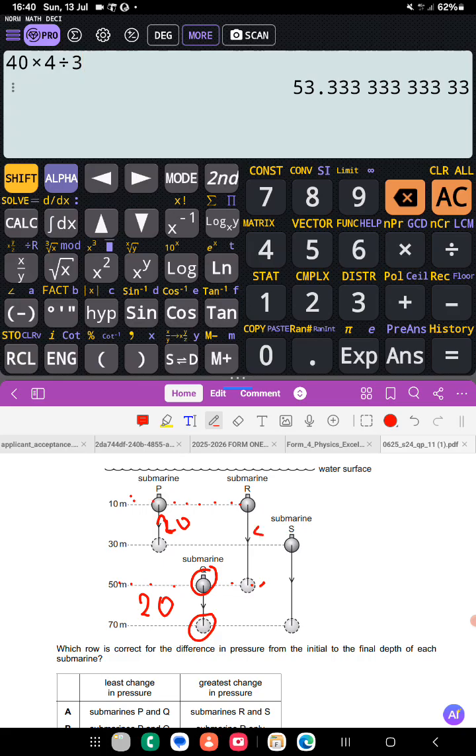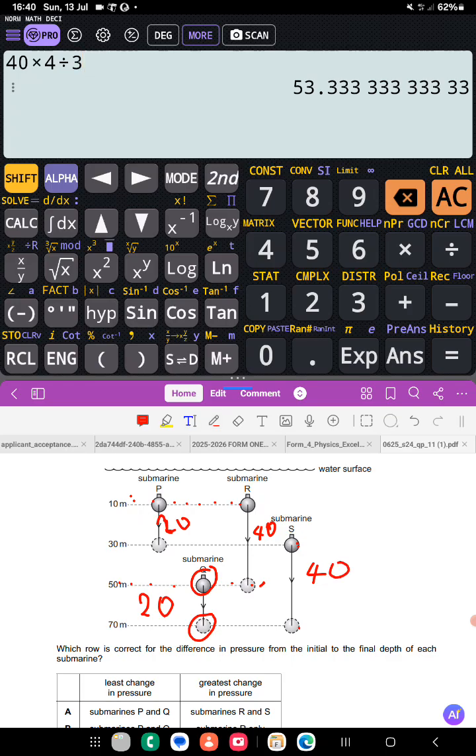It's 40. This is 40. And then lastly, S is at 70 finally, initial at 30. The depth difference is also 40.